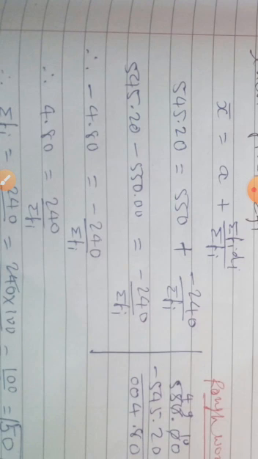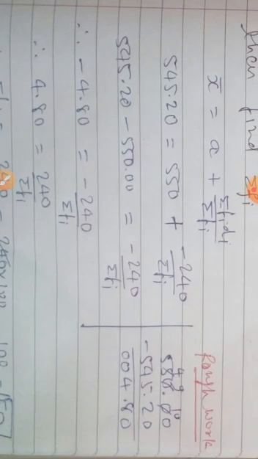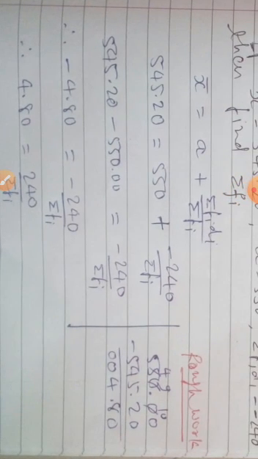So 550.00 is written. On the right side is left the second term, minus 240 upon sigma. Again, look at the rough work, 550 minus 5.20, how it is subtracted. By observation only you can understand it. Now 545.20 minus 550, it is obviously a smaller number minus a bigger number.